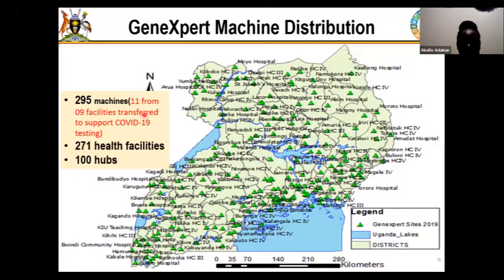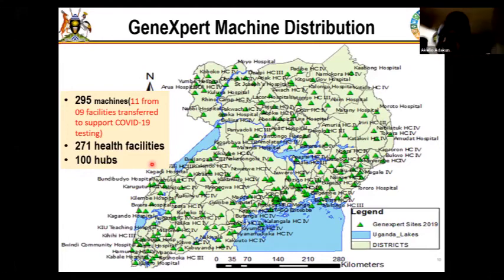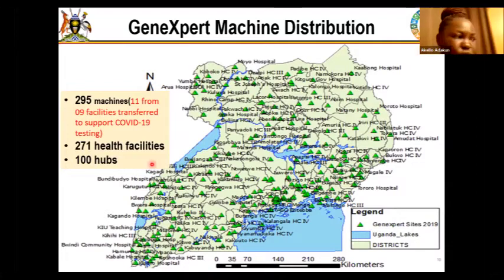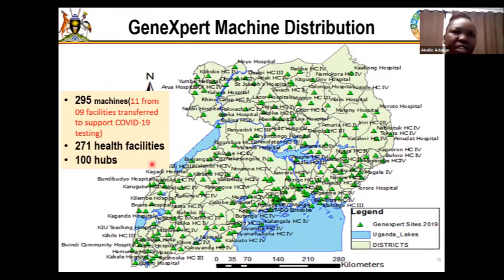And in facilities which do not have a GeneXpert machine, we have a hub system where they use motorcycles to transport these samples to the nearest GeneXpert site to ensure that we don't just test for TB, but we also test for resistance using the GeneXpert.